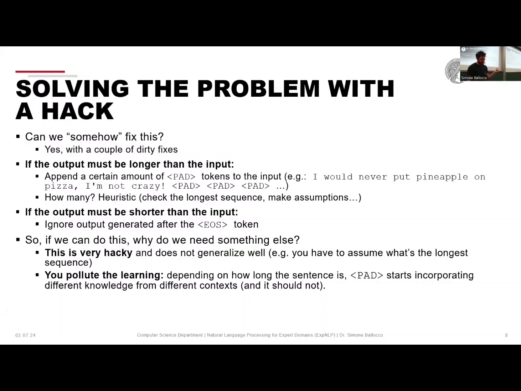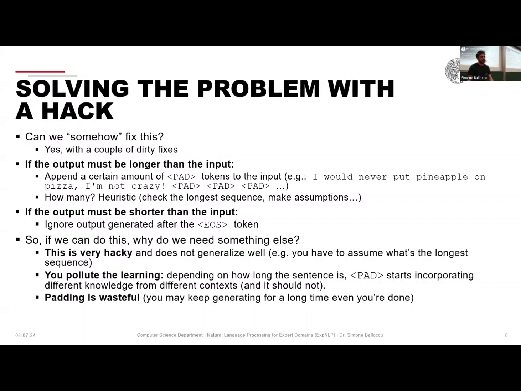It starts putting a lot of confusing information inside what pad models linguistically, when the fact is the pad should be an empty token. It shouldn't model anything. And also, we saw it's wasteful. So this is why with a traditional RNN, we can kind of go around it.